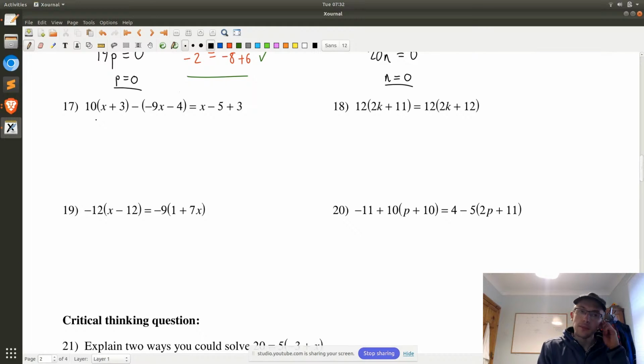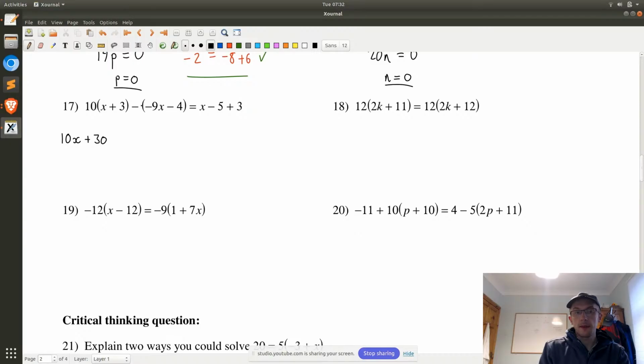Right, okay. Now, expand on the left. I'm going to take this one slow. 10 times x, 10x. 10 times 3, 30. But what do we do here? A minus sign in front of a brackets.